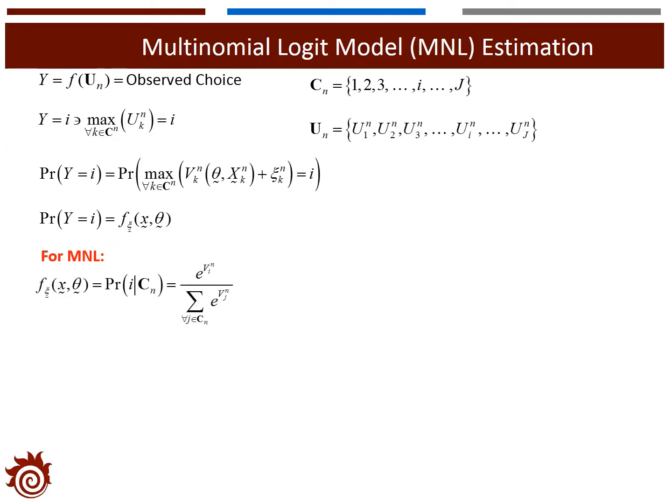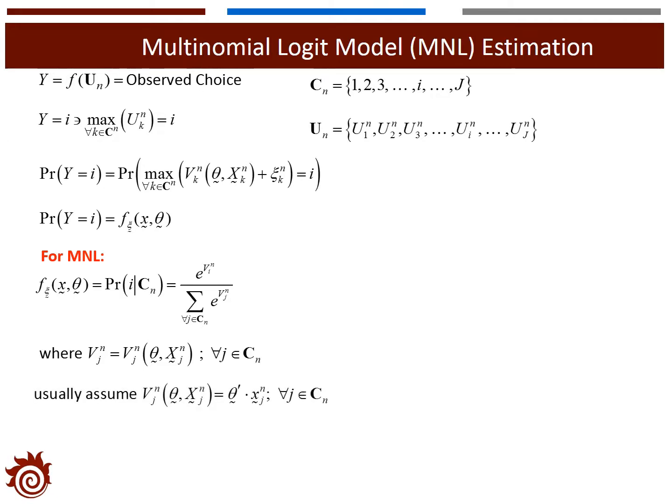For the MNL model, the probability of choosing the choice i is the exponential of V_i over the summation of the exponential of V_j. Here V_j is the deterministic utility. Usually it's a function of theta and x, but we assume that the deterministic utility can be represented by a linear equation.